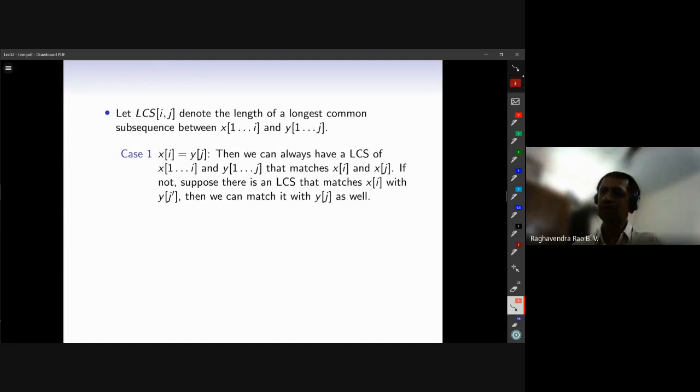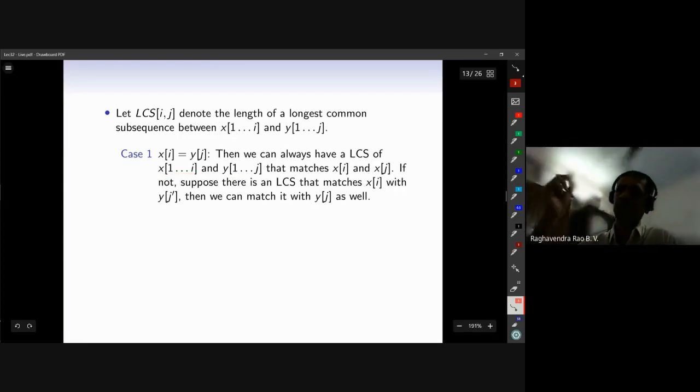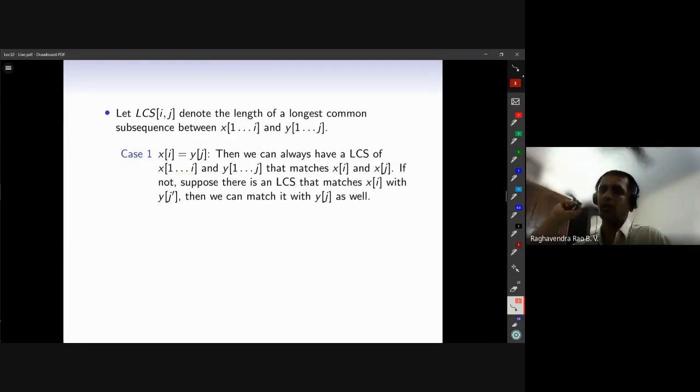Let's make the following observation. I claim that we can always have a longest common subsequence of these prefixes, x1 to xi and y1 to yj, that matches these two last letters, that is, xi and yj will always be matched.